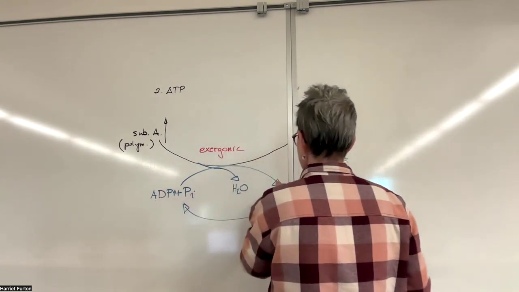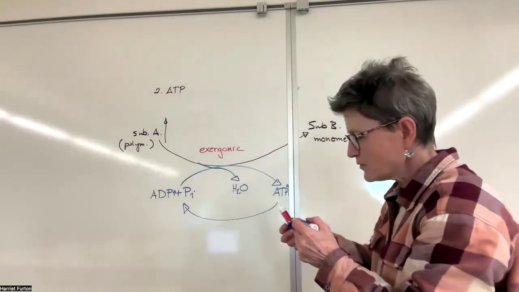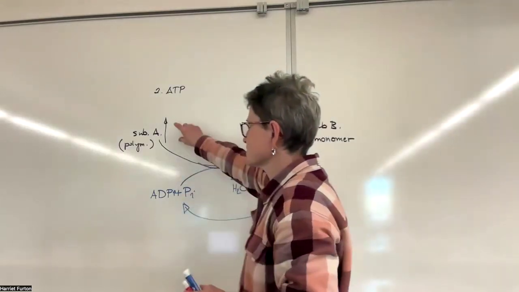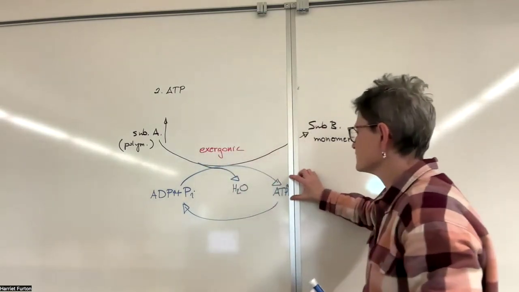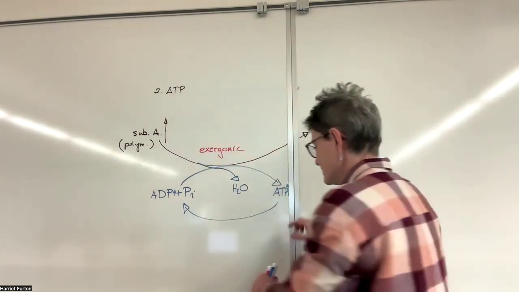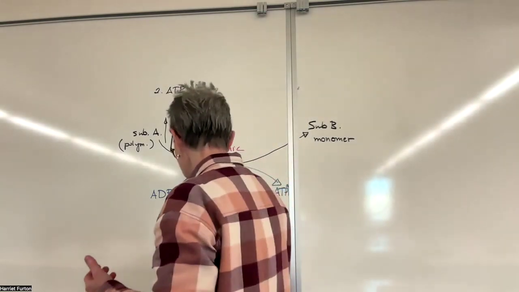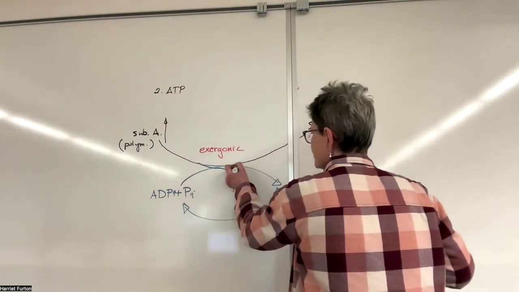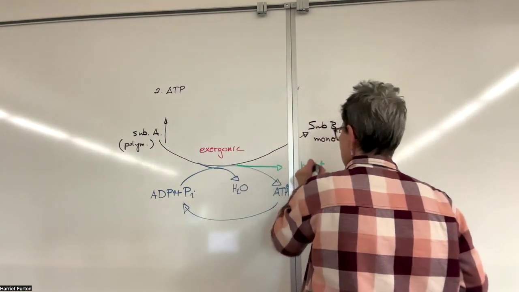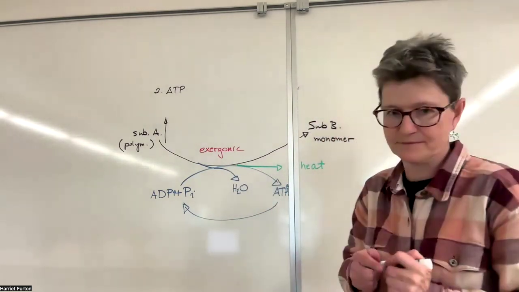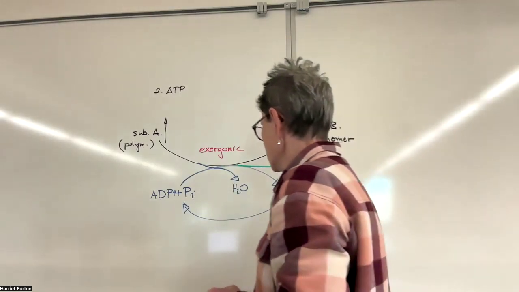This is high energy material. One more thing, all of the energy that is in substrate A will not be converted to ATP molecules. Some of the energy leaves the system in the form of heat. That's important for efficiency.